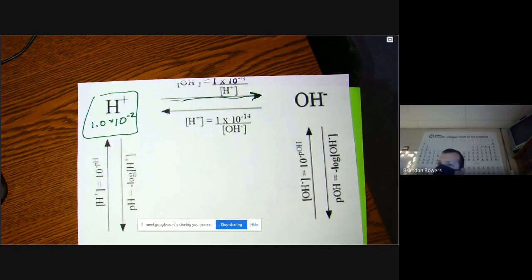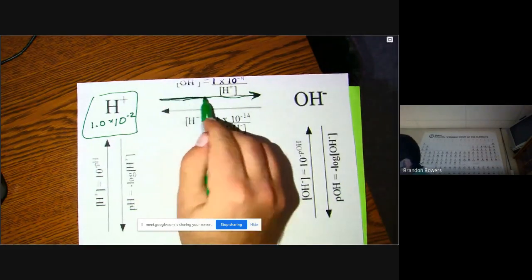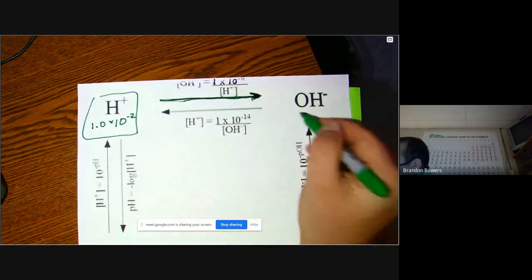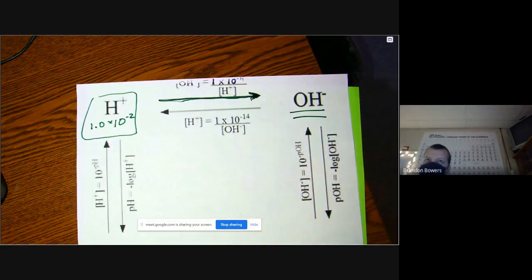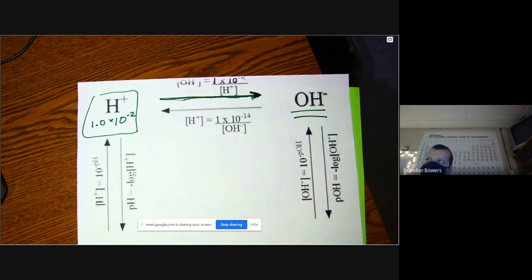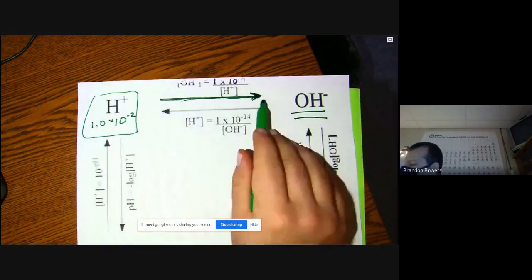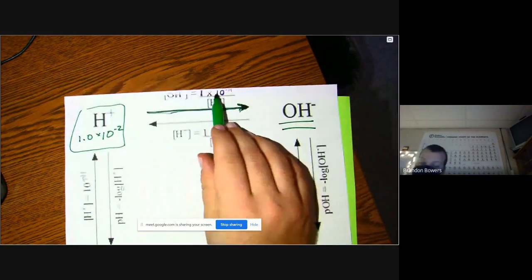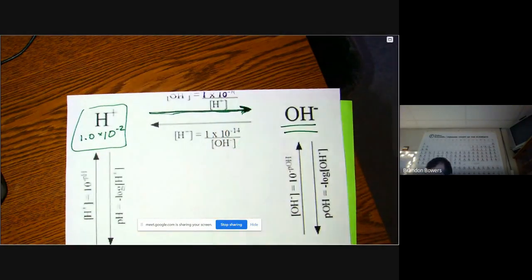You're exactly correct. But have that in parentheses. So I'm going to use this arrow, right? Because I'm trying to get to OH. Does that kind of make sense? I'm trying to get there.